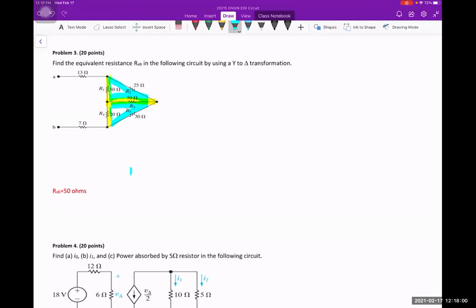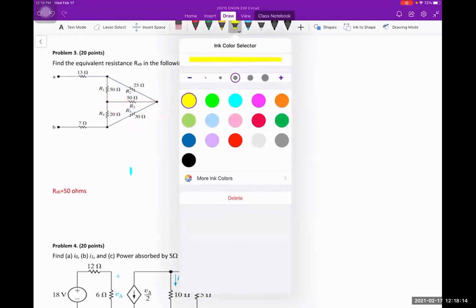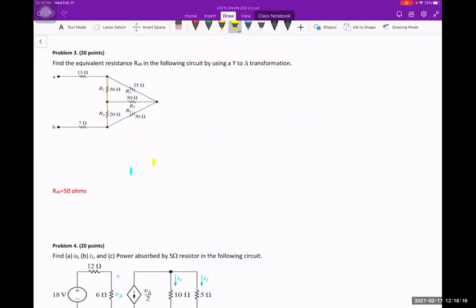Now, if I wanted to do this problem, I will probably just do the t to the delta. So let me just clean this one up and draw what this looks like. So here I have a t. I want to change it to a triangle.